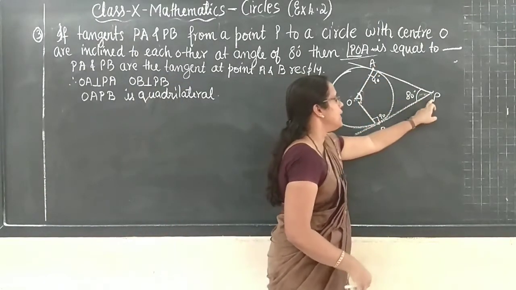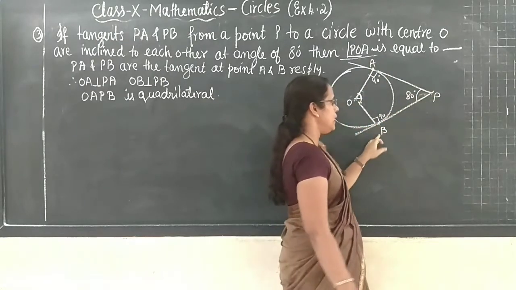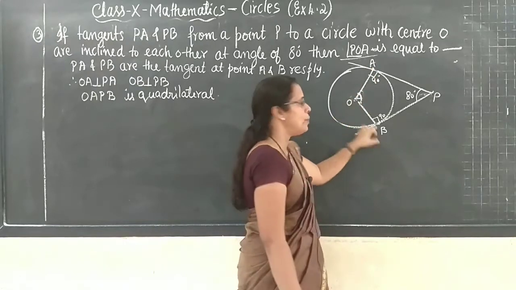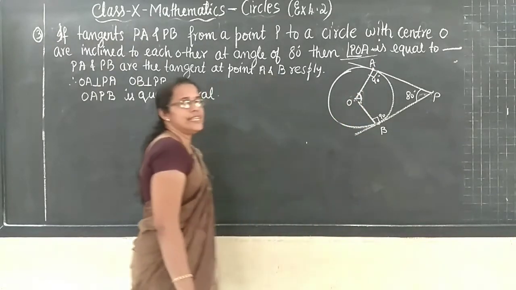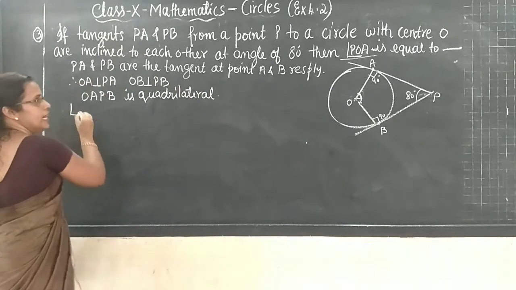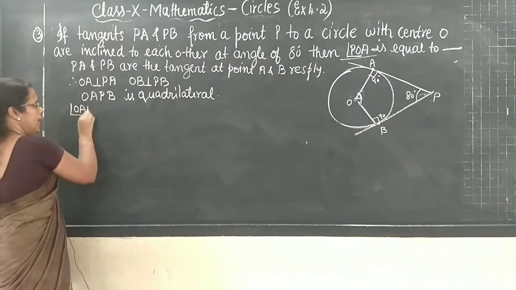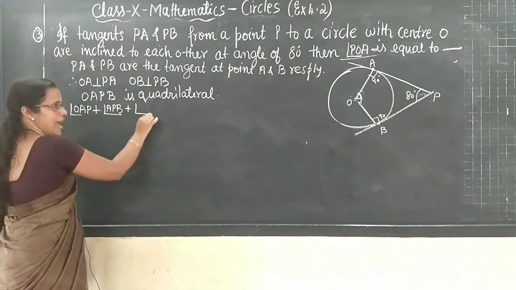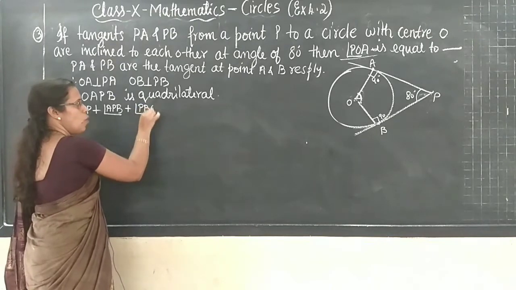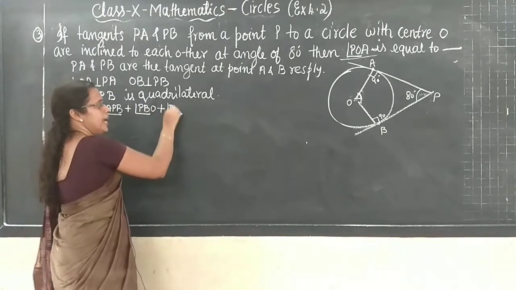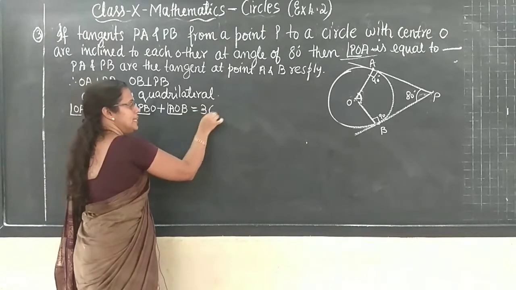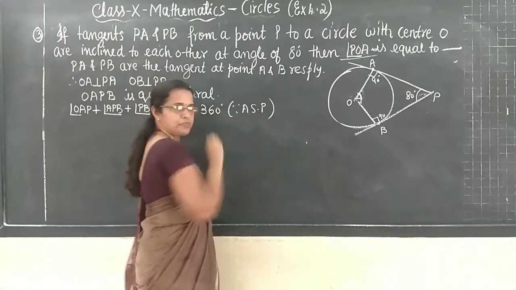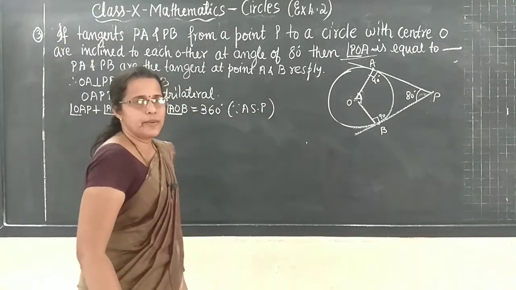Angle OAP plus angle APB plus angle PBO plus angle AOB is equal to 360 degrees. This is called the angle sum property.